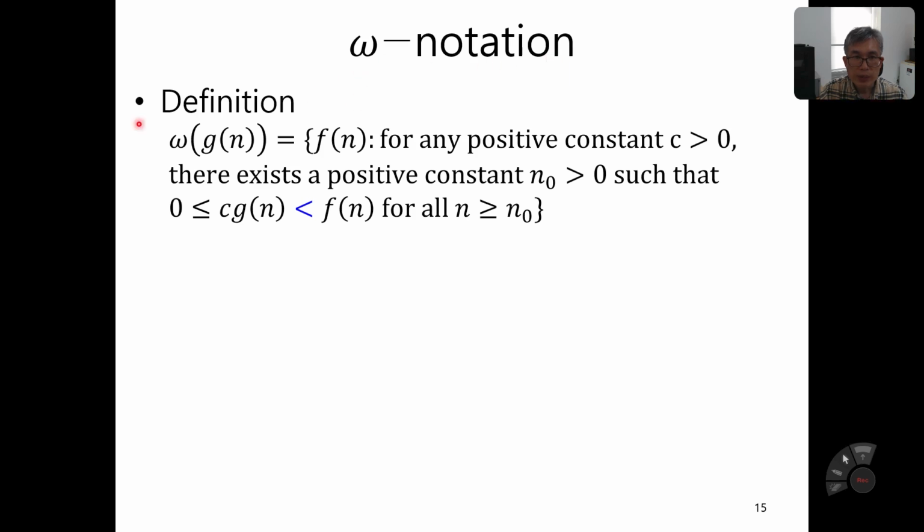Now little omega notation. Little omega of g(n) is a set of functions f(n) such that for any positive constant c greater than 0, there exists a positive constant n0 threshold such that c·g(n) is always a lower bound for f(n), not asymptotically tight, a strict lower bound, for n greater than or equal to n0.